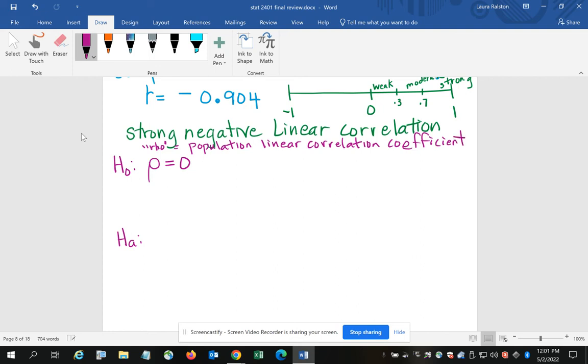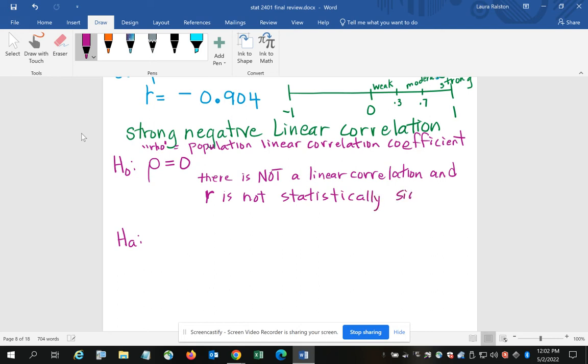Now, for rho to be equal to 0, think about what that means: there is not a linear correlation, and R, which is your sample linear correlation coefficient, is not statistically significant.